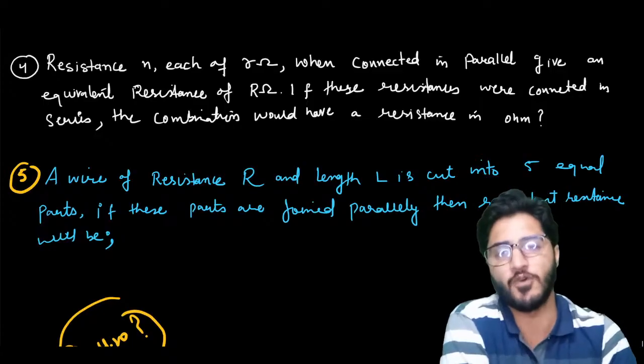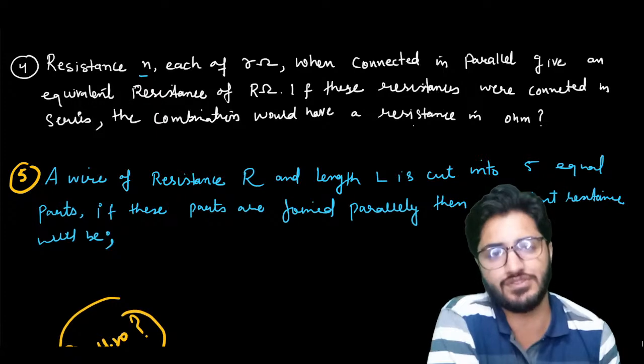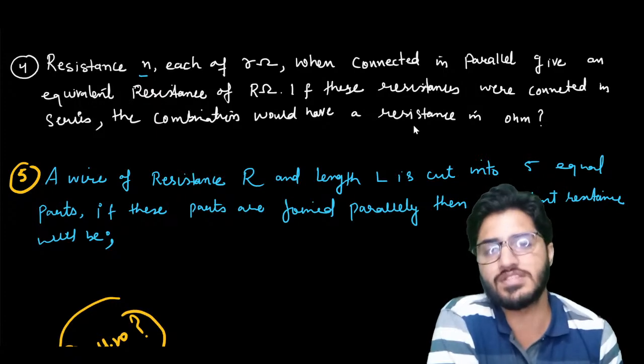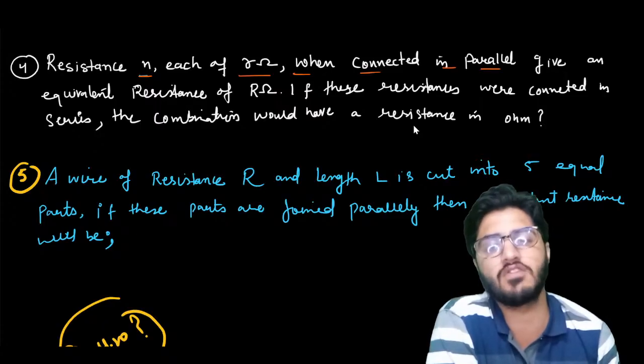Now question number 4. Question number 4 is resistance of n resistors, each having R ohm, when connected in parallel gives an equivalent resistance of r ohm.